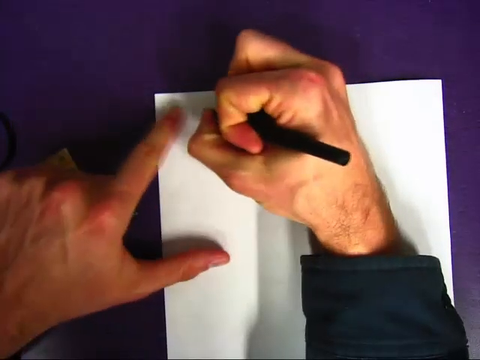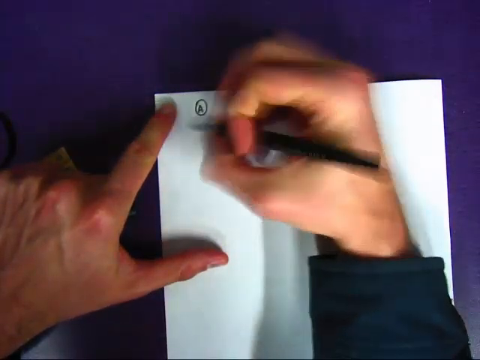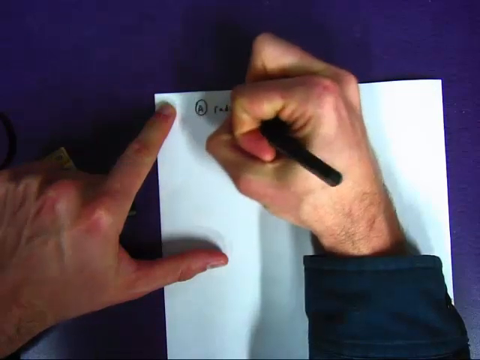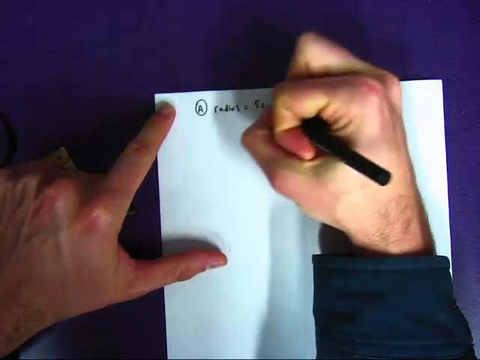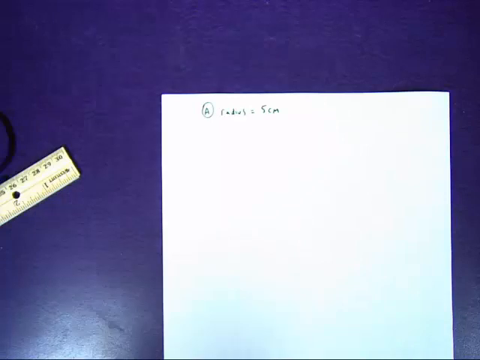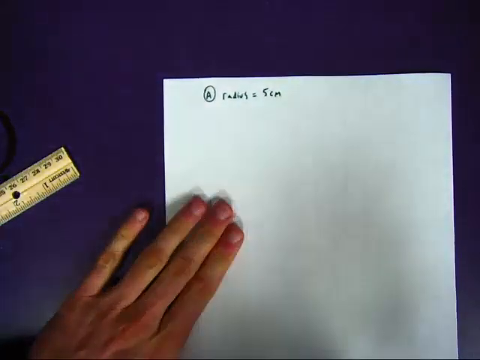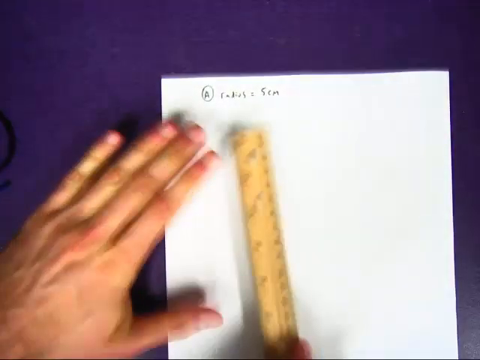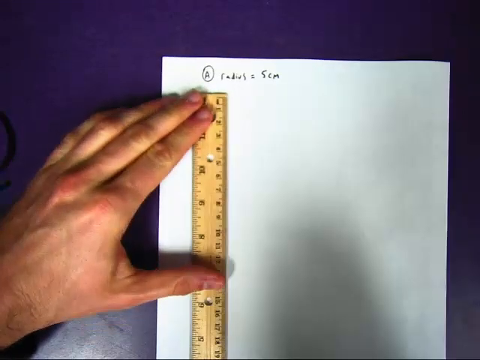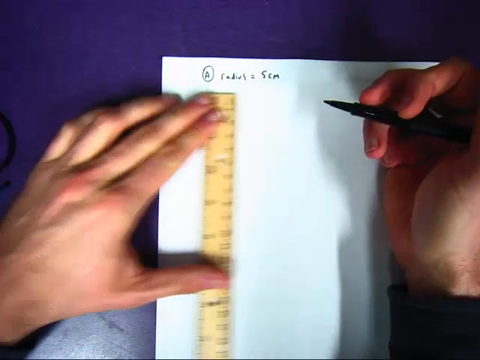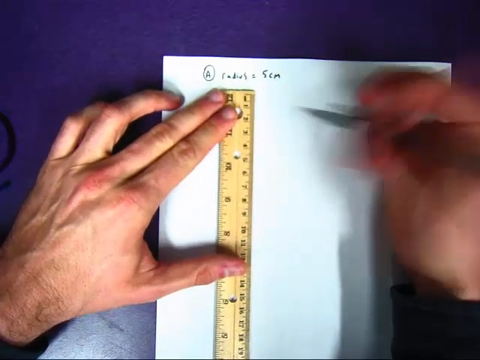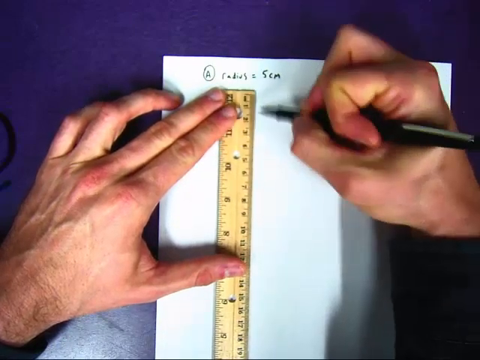So I think step 1 might be to just label. We're going to say this is A, and it says the radius is 5 centimeters. Circles start with just a point. For the sake of space, it might be good to identify what 5 centimeters looks like. So that's 5 centimeters.